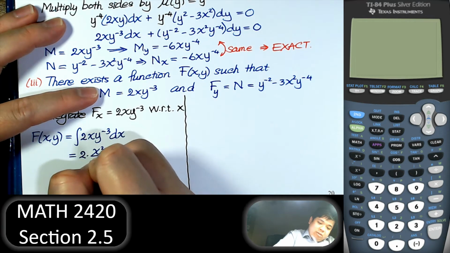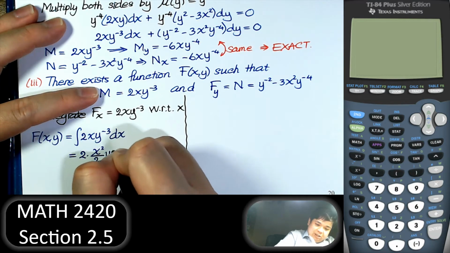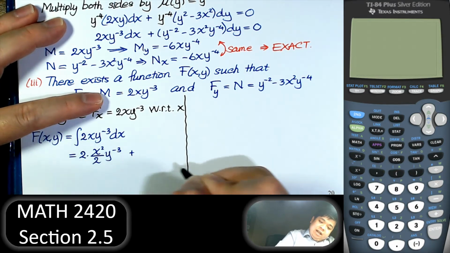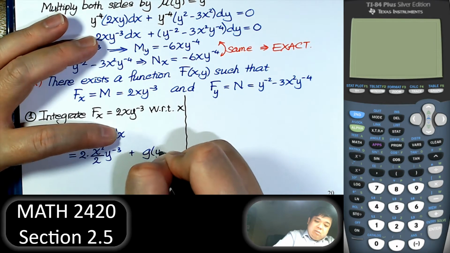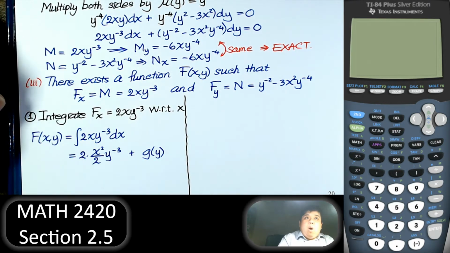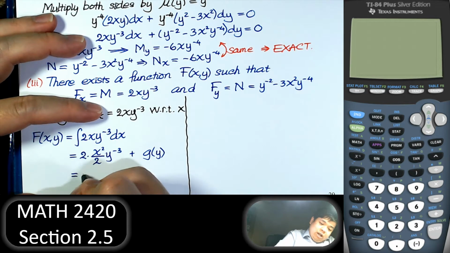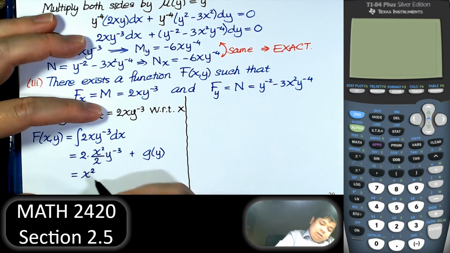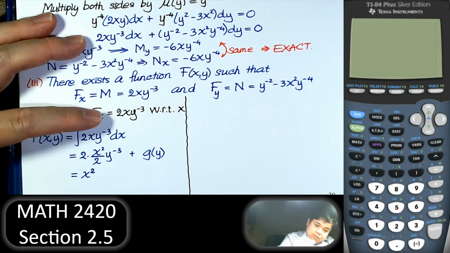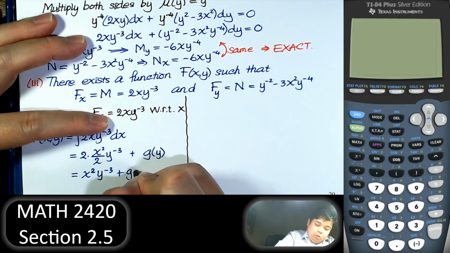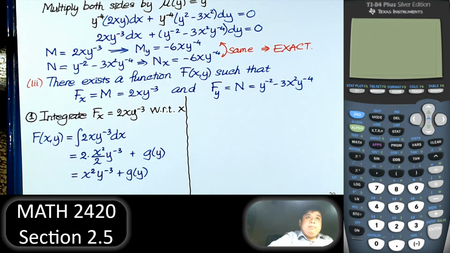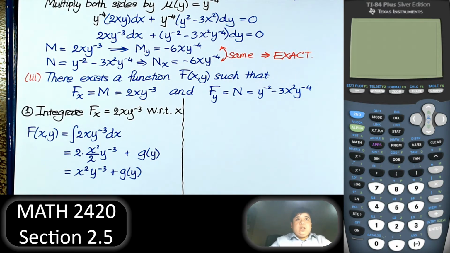And then we have a constant. Since this is with respect to x, the constant may have y in it. So 2 and 2 cancel out. We have x squared y to the negative 3 plus g of y. So the first step is integrate with respect to x.